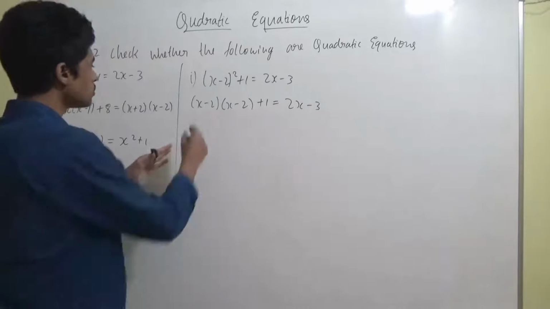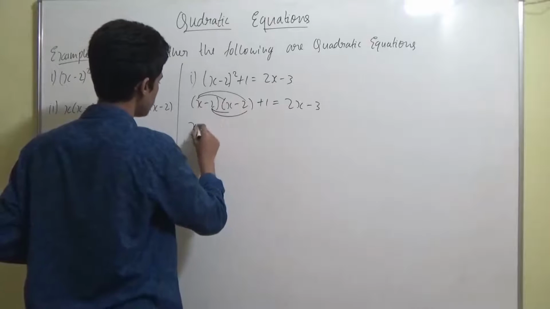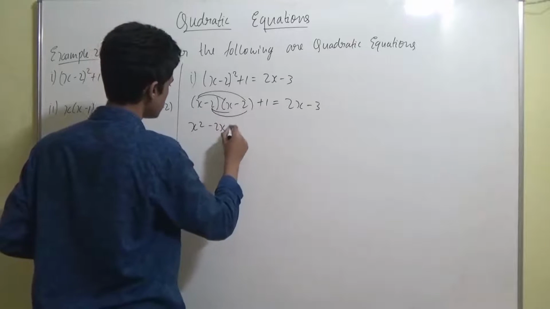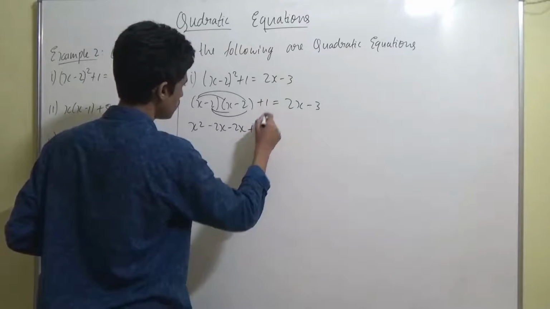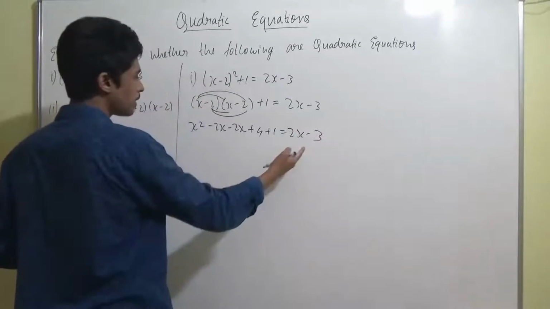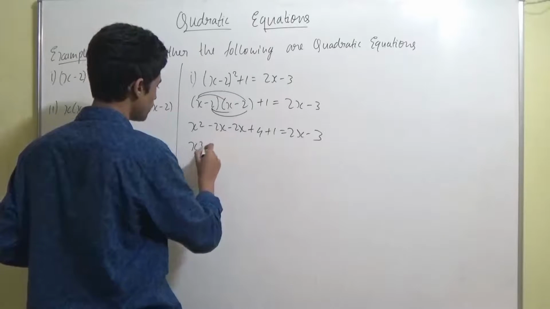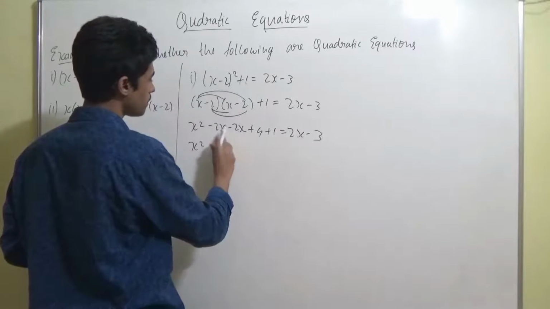Now if you expand this, what happens? This becomes like this, right? This becomes x square minus 2x plus 4 plus 1 equal to 2x minus 3. So if you bring all these terms towards LHS, it becomes x square minus 2x becomes minus 4x.